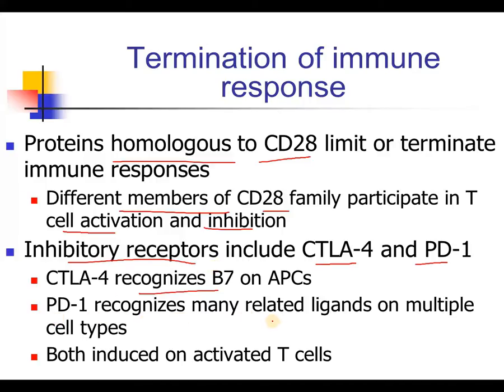PD1 recognizes a lot of different related ligands on multiple cell types, and both CTLA4 and PD1 are induced on activated T cells. So really what this boils down to is you get sort of a seesaw, if you will, or a balancing act between activation signals and inhibition signals.